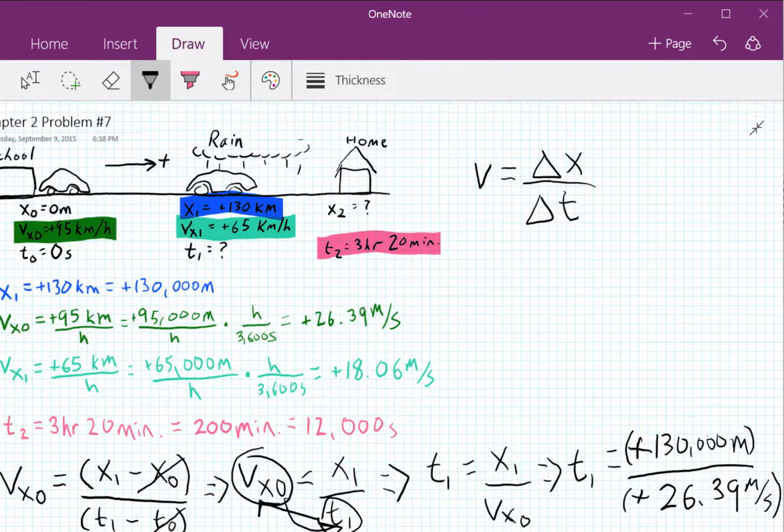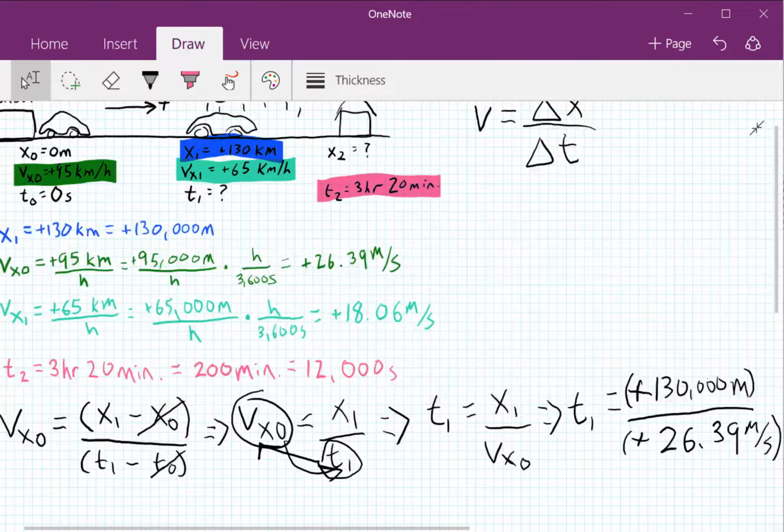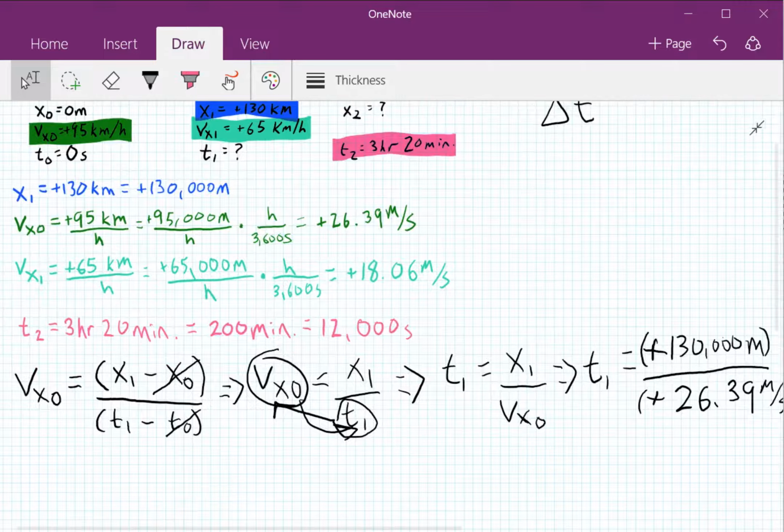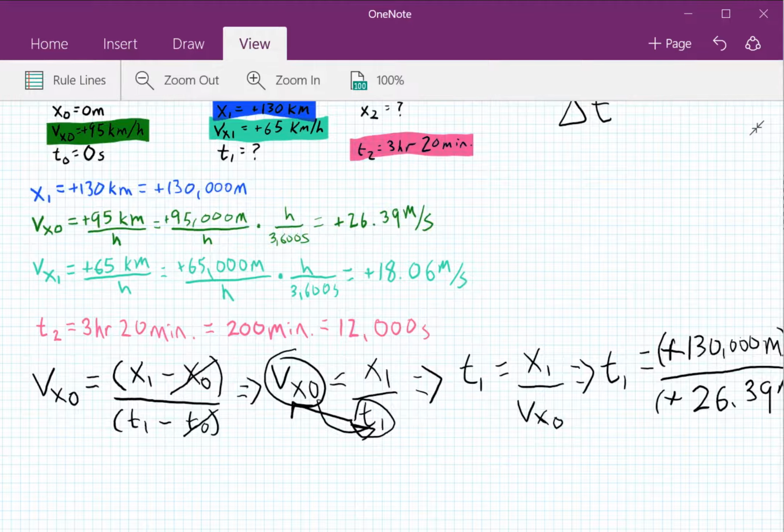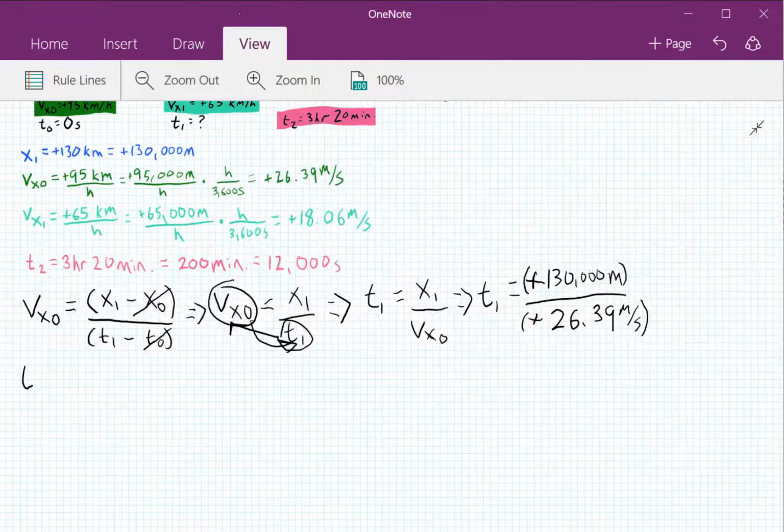When you divide those, you'll have that t1 equals positive 4,926 seconds.